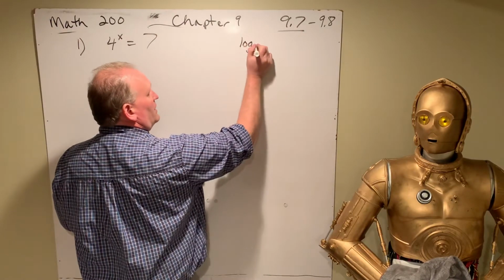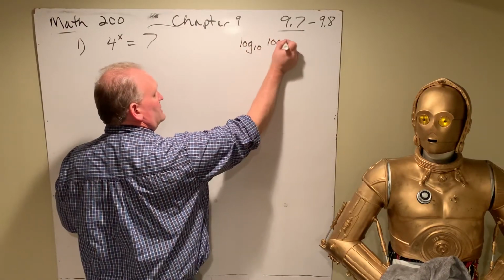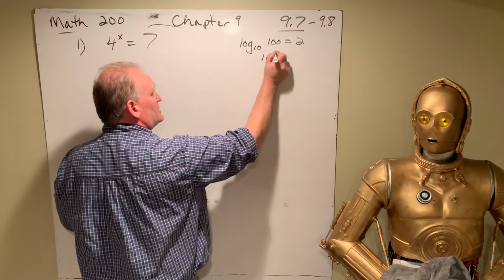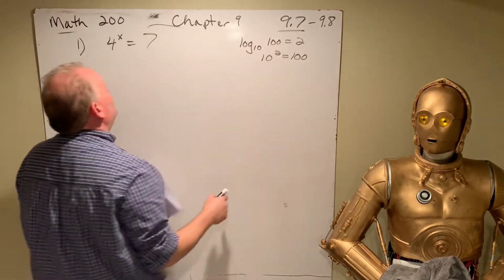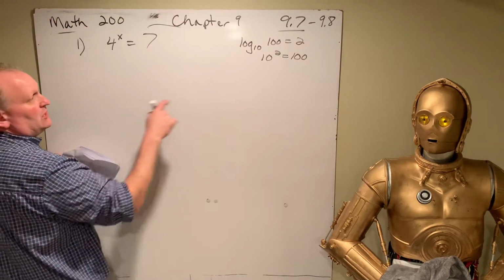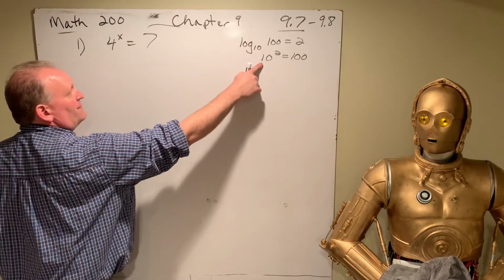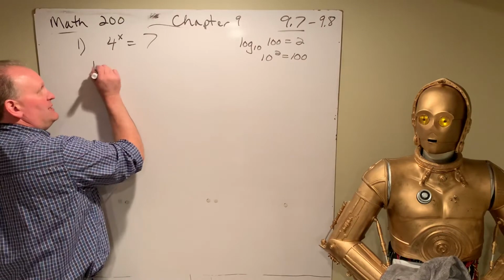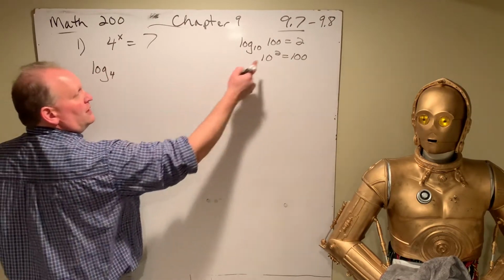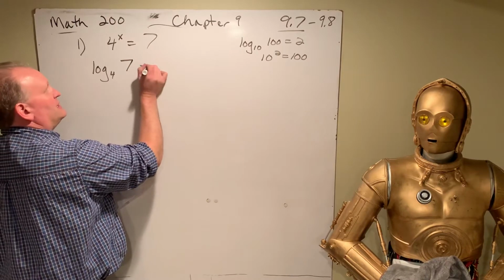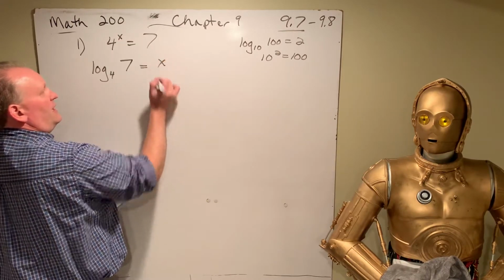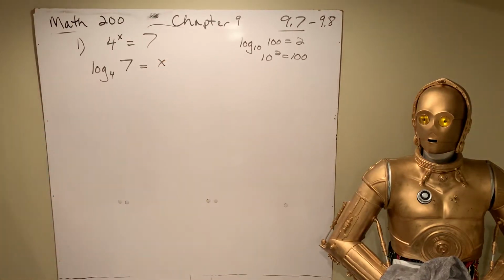Remember, log base 10 of 100 is equal to 2. 10 squared equals 100. So that means I can go from this back to that if I need to. And I need to. So look, I want 10, that's my base, log base 4 of 7 is equal to x. So we do that. And so look at what happens.